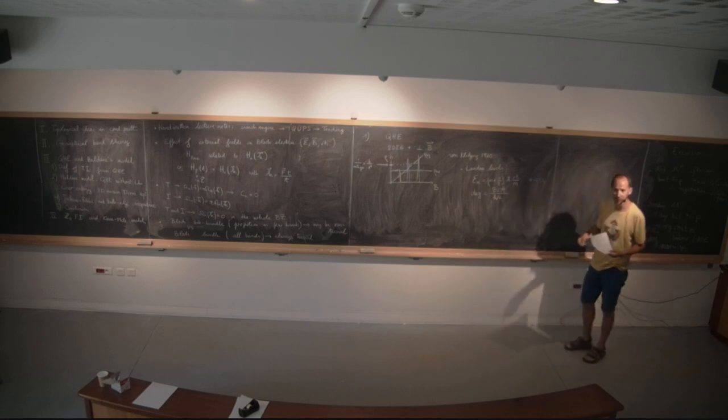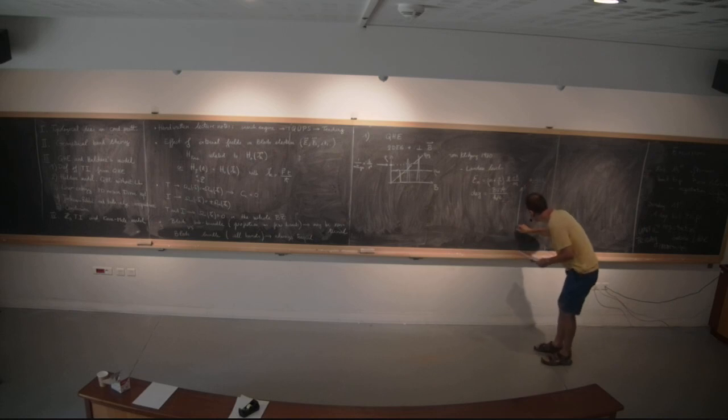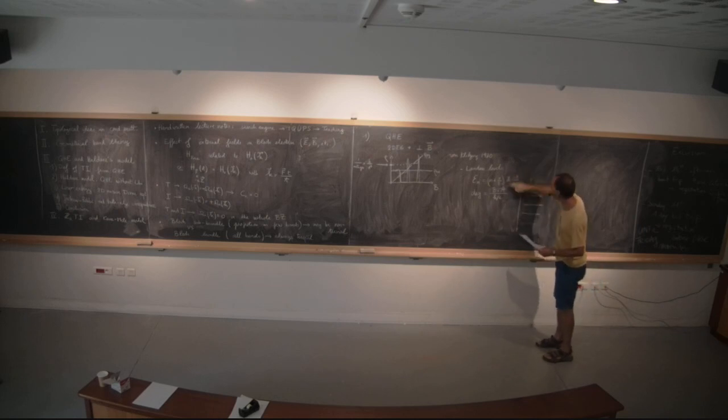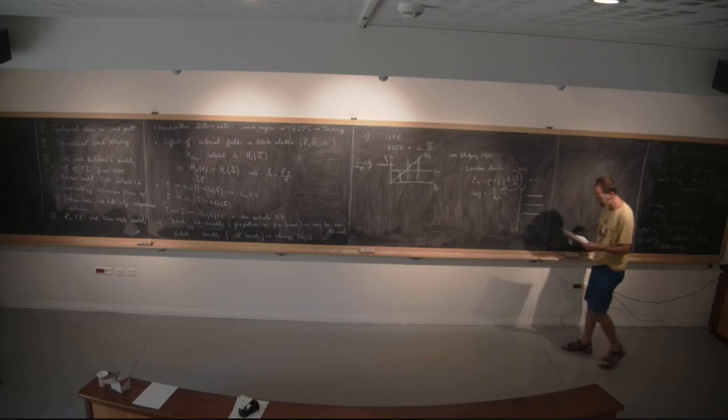If your system is infinite, the degeneracy is infinite for each Landau level. And so the Landau levels, if I represent them on an energy axis, they are usually drawn like this, separated by an energy which is the cyclotron energy. And here is the n equals 0, n equals 1, etc.